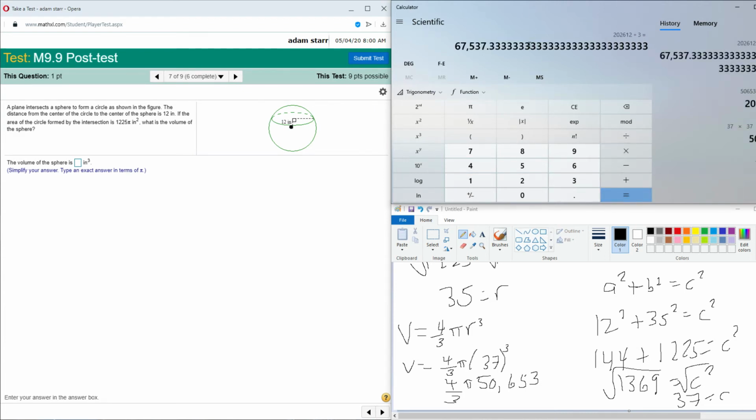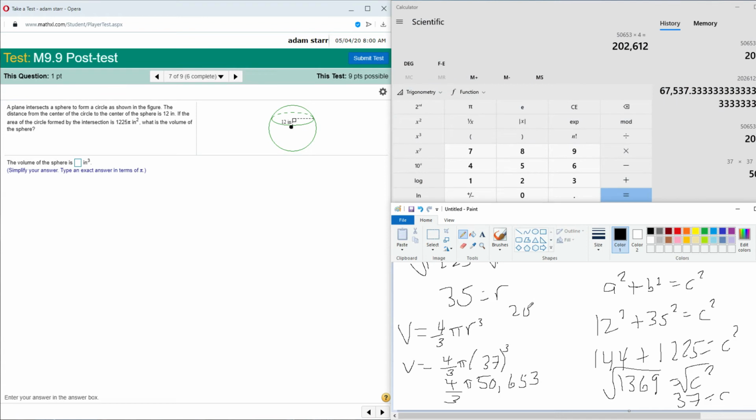Unfortunately we get a decimal. So I'm going to clear this and start here. I have 50,653 times 4, which is 202,612 pi over 3.